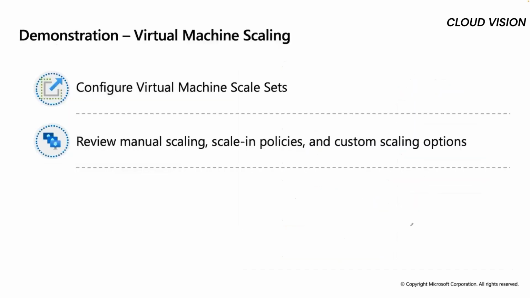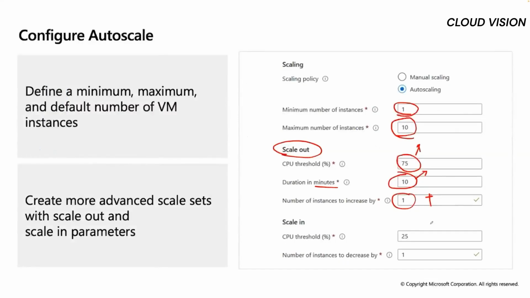But then we also need to think about downscaling, like scale in. If the resource usage gradually goes down because the demand has decreased, and the CPU threshold goes down to 25%, meaning it's utilizing only 25%, in that scenario reduce the count by 1. But if you already have 1, it won't go down to 0; it will remain at the minimum value and then stop.